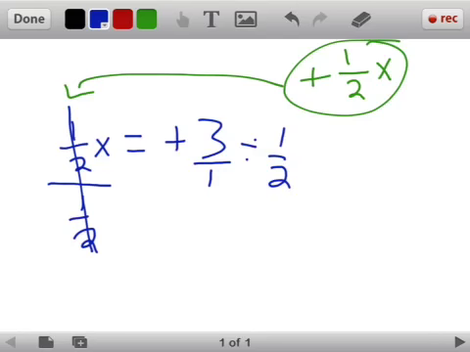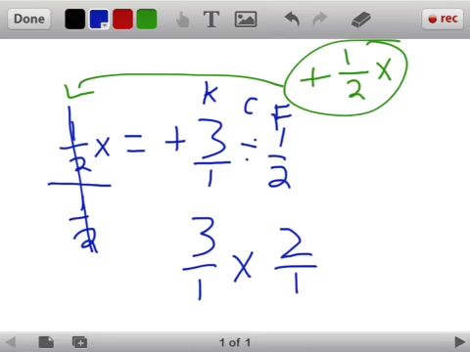And a common way that 6th grade teachers teach how to divide fractions is with the letters K, C, F. What that means is you keep the first fraction the way it is, you change the operation to be multiplication, and then you flip the second fraction.